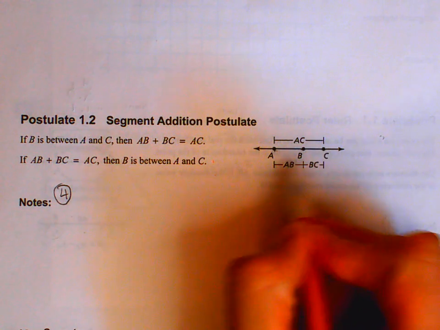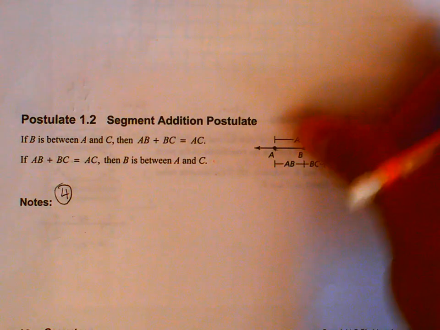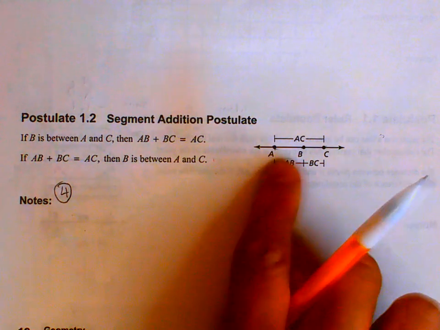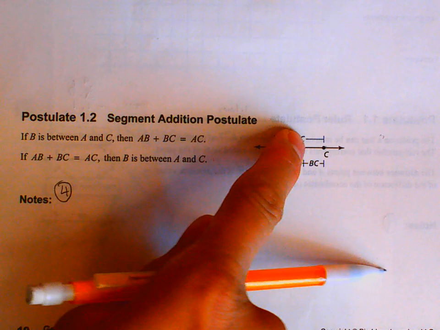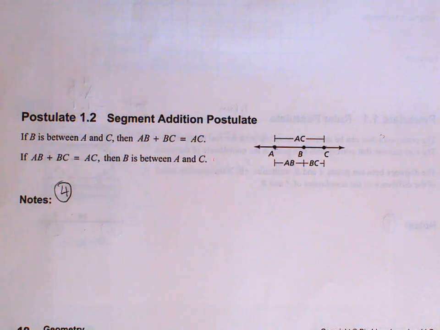Also, if you know the distance of AC and you subtract the distance of BC, you end up with AB. If you know the distance of AC and subtract the distance of AB, you end up with BC. Okay, so this is called the segment addition postulate.